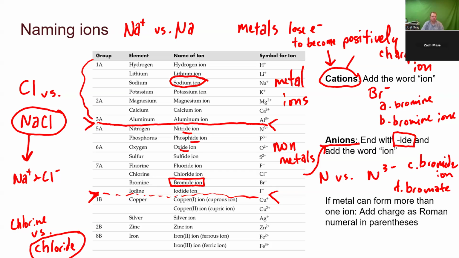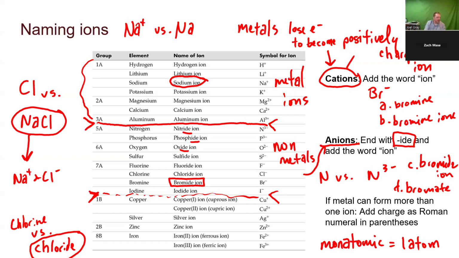Add that to the chat. Okay. So mono, one atom. So the word monatomic is basically the same as saying one atom. So a monatomic ion is a single atom that is an ion.